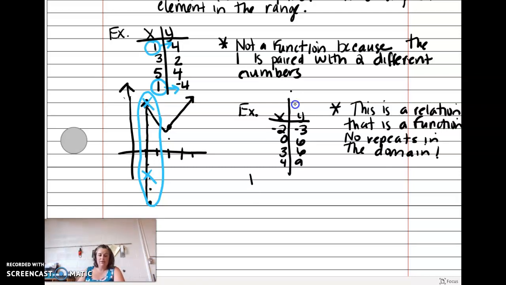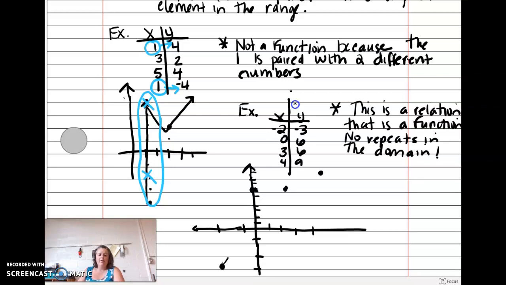And if we drew a graph of this, we have -2, -3, 0, 6, 3, 6, and 4, 9.